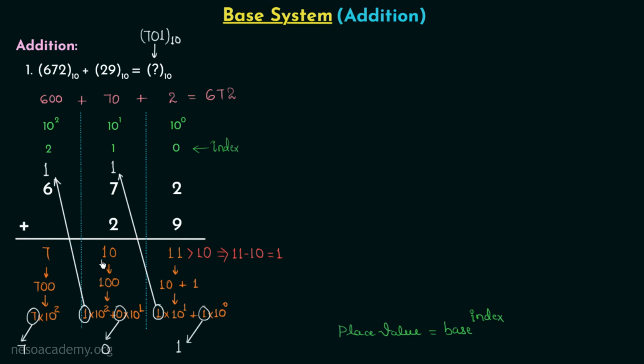Let us now focus on this result. 10 gave us 0 as the intermediate sum and 1 as the carry. When you compare 10 with the base of the number system, you will find 10 is equal to 10.